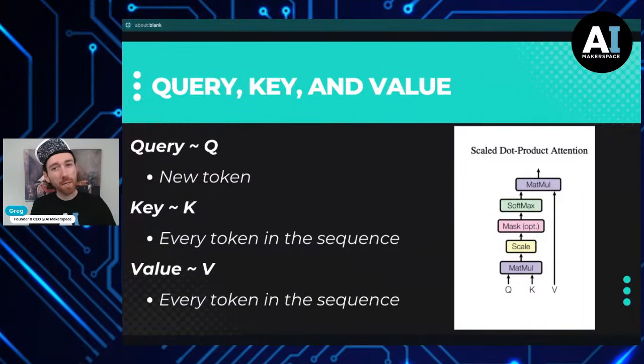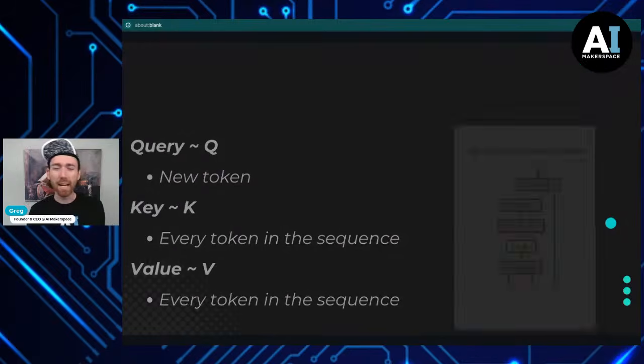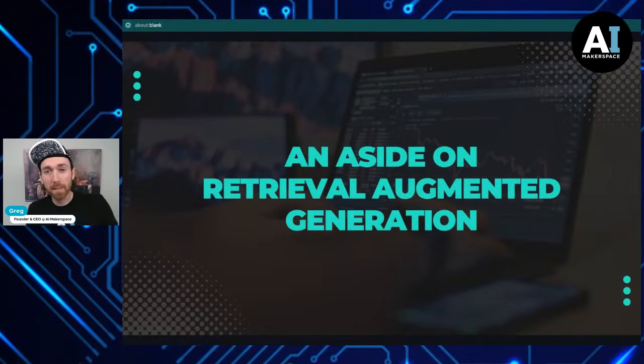Okay, I know this might start to feel like it's getting a little bit confusing, but note that K actually goes in with Q, V does not. All right. We're kind of down the rabbit hole, but I'm going to take another aside here, and I will pull this all back together.